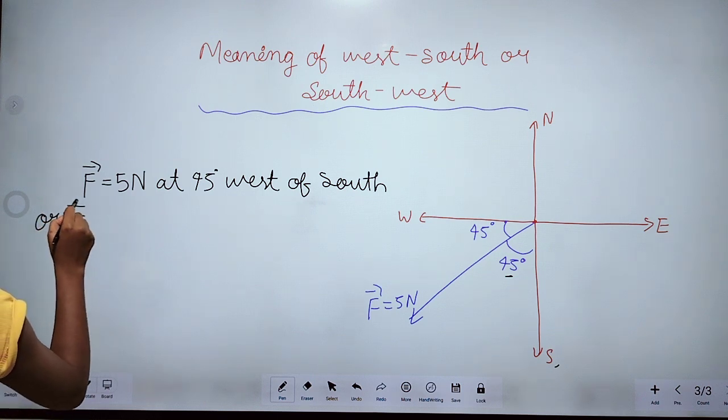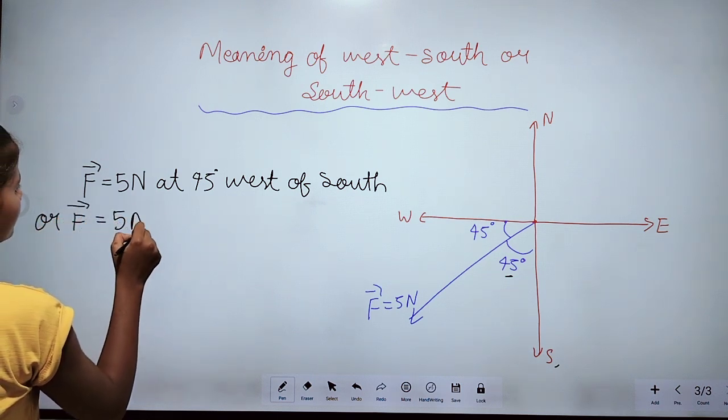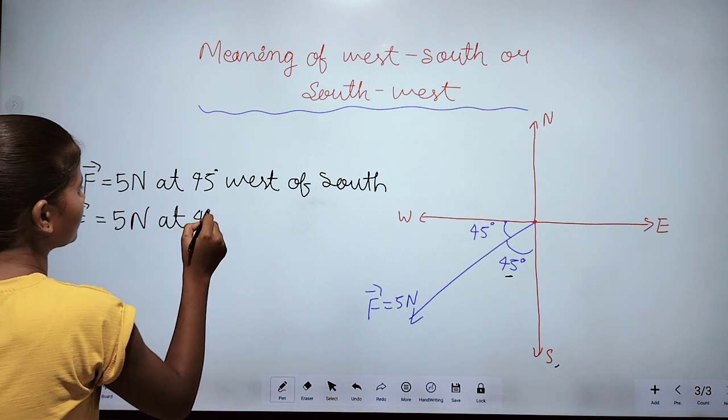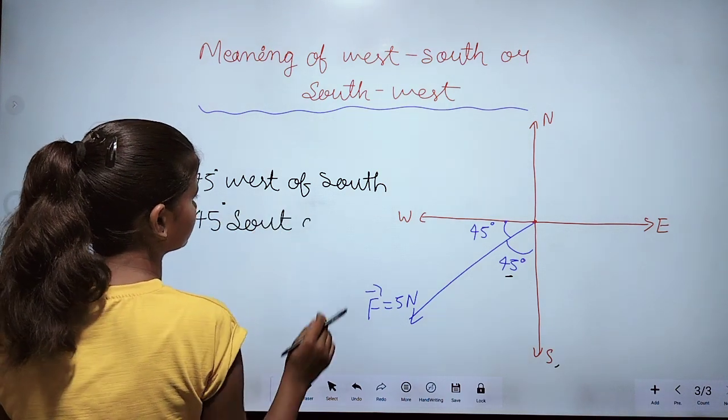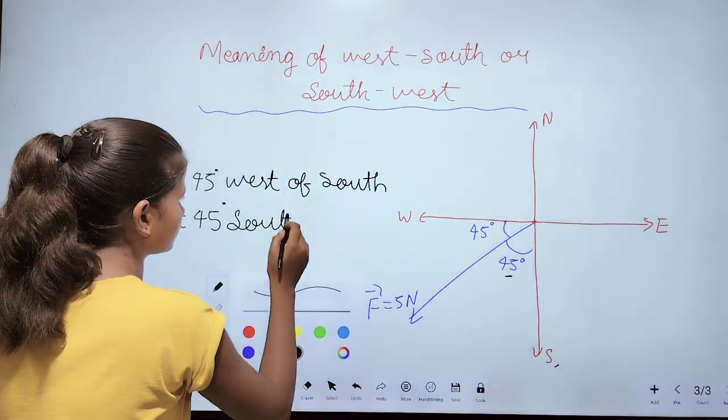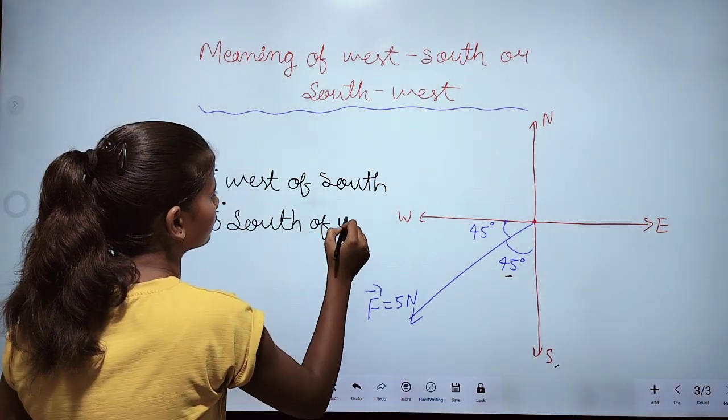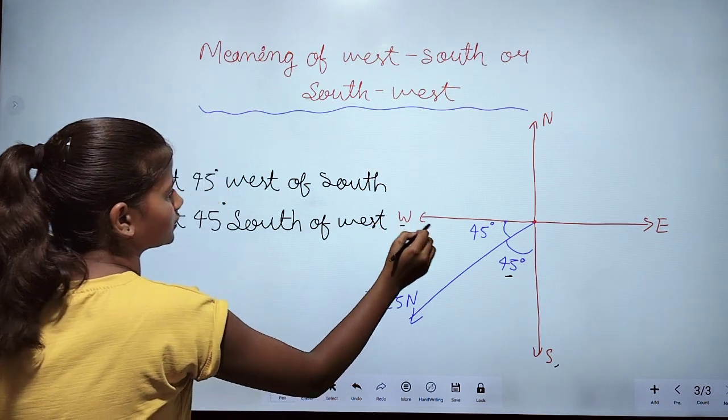Or F vector is equal to 5 Newton at 45 degree south of west.